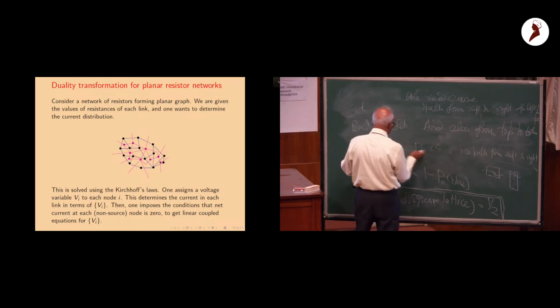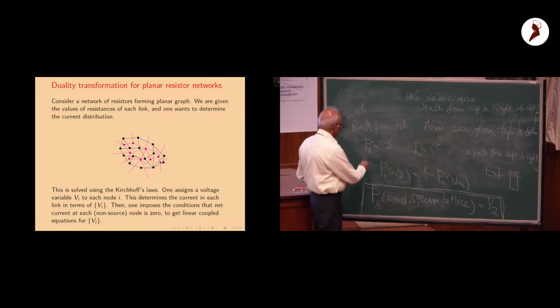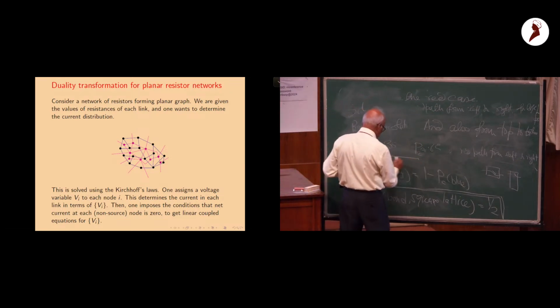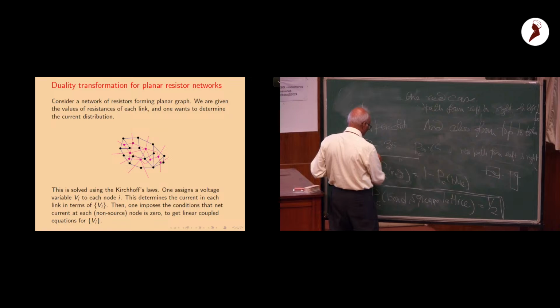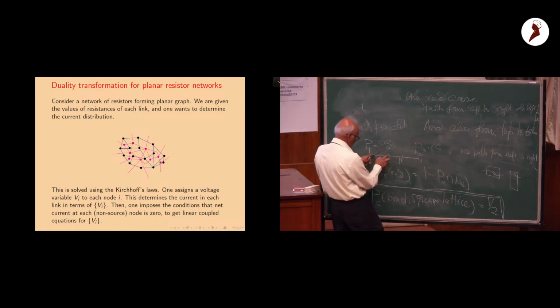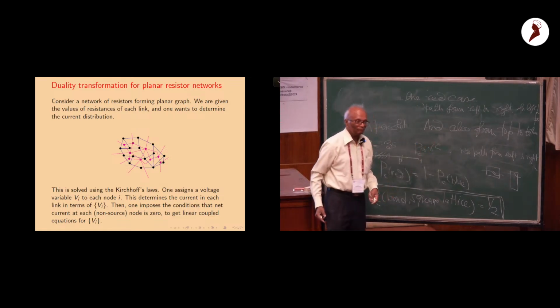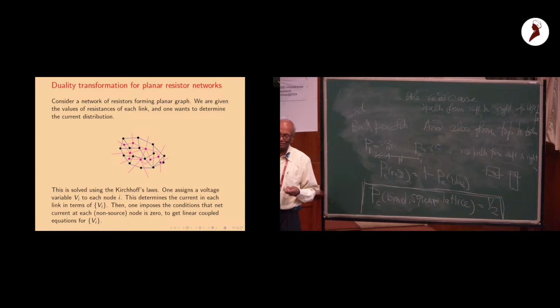So these are duals of each other. So P is like this, 0 and 1. Here there are 3 phases, first phase, second phase, third phase. 0.3 to 0.6 there is a second phase, and beyond 0.6 is the third phase.